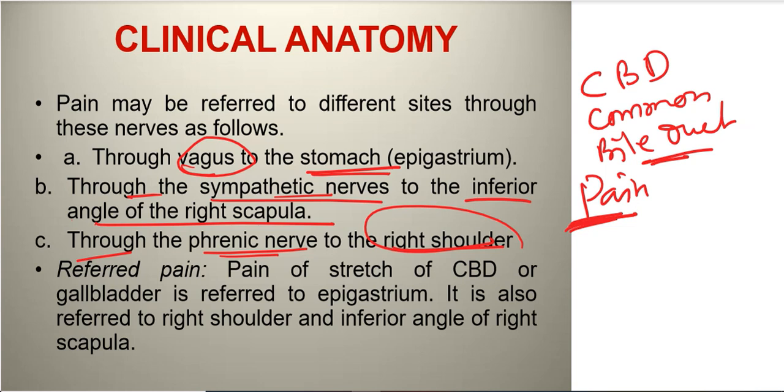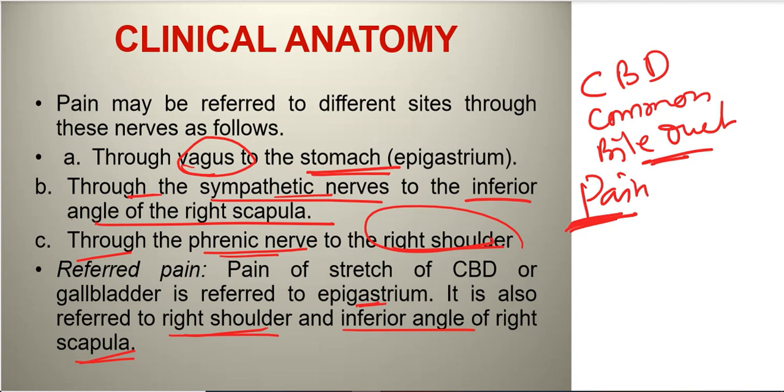Then referred pain. Any stretch of the CBD, common bile duct, or gallbladder, the pain is referred and felt in the epigastrium region. This is also referred to the right shoulder and the inferior angle of the right scapula.